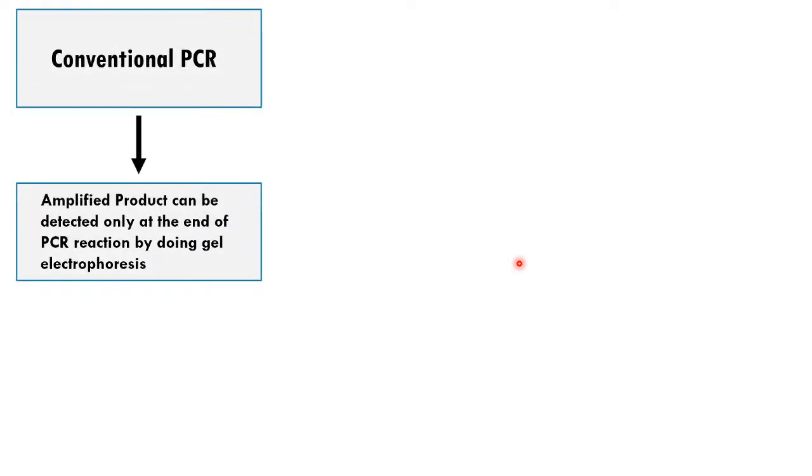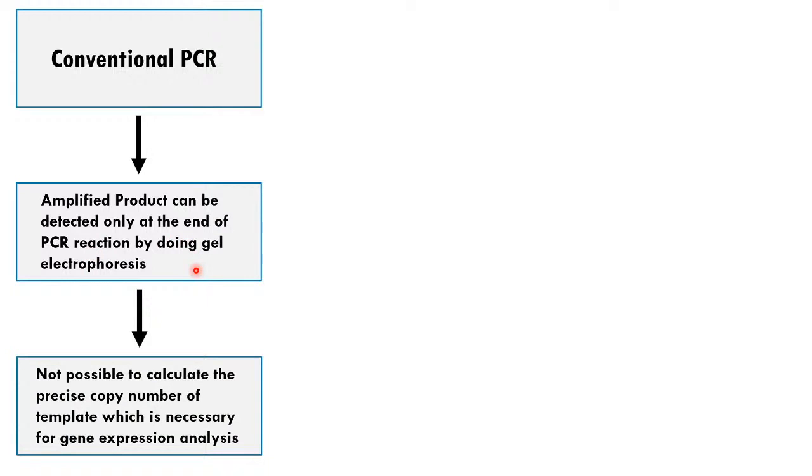Now, in conventional PCR, you can detect the amplified product at the end of the PCR reaction by doing gel electrophoresis. But by using conventional PCR, it is not possible to calculate the initial amount, or initial copy number, of template, which is actually important if we want to do gene expression analysis.